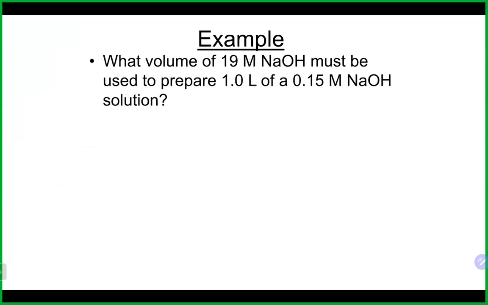We want to know what volume of 19 molar sodium hydroxide must be used to prepare 1 liter of a 0.15 molar sodium hydroxide solution. What's going on in this case is essentially we have sitting there on the shelf a bottle of 19 molar sodium hydroxide.